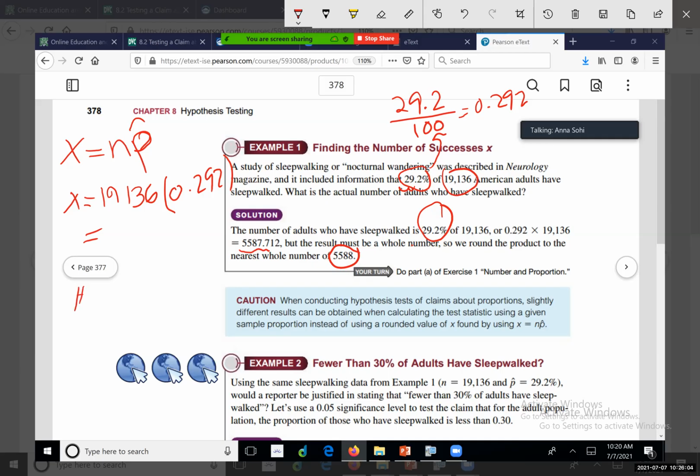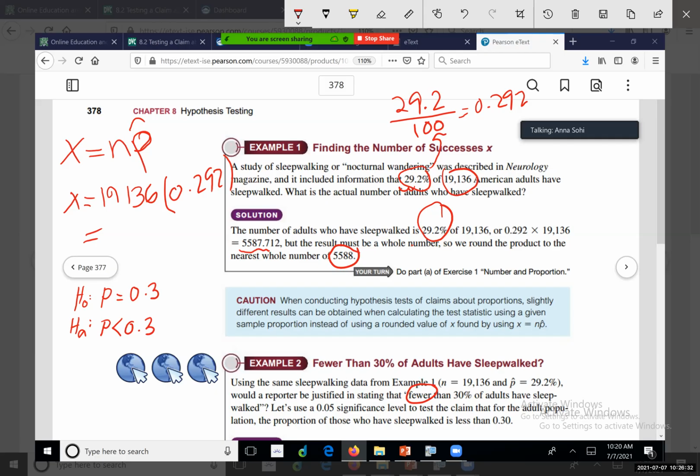So step one, I want all of you to think what would p be equal to, what would p be less than. Because it says fewer than 30%, you always write it as a decimal. The null hypothesis is always equality.